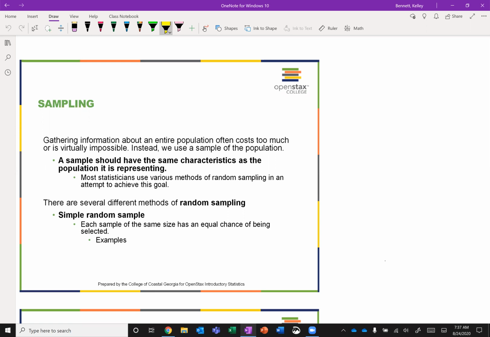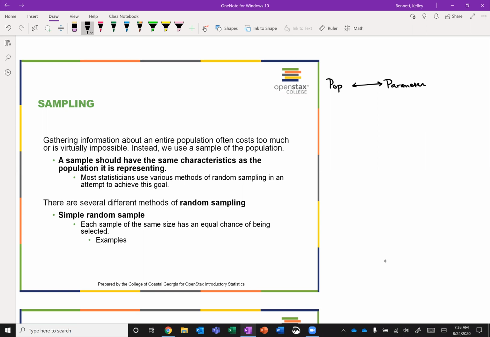Because as you recall, we know that population is to parameter, meaning there's some sort of number or measurement about the entirety of the group we're looking at, which is the population.